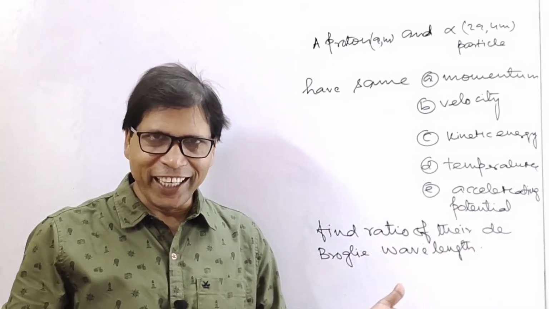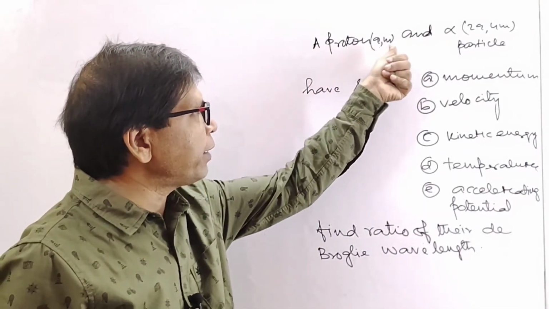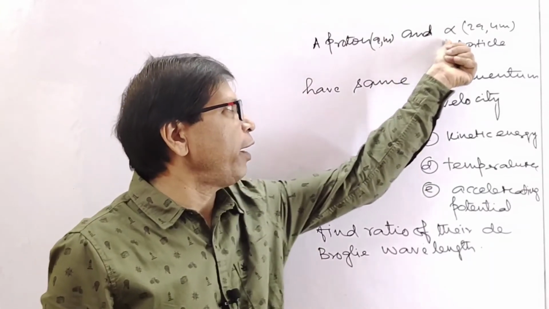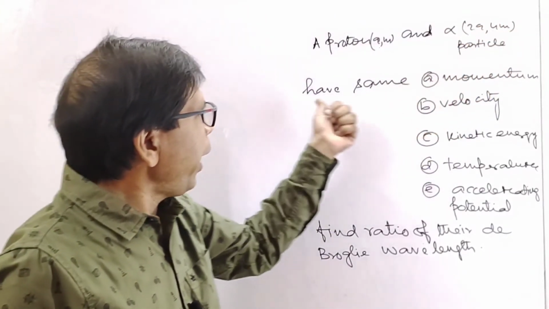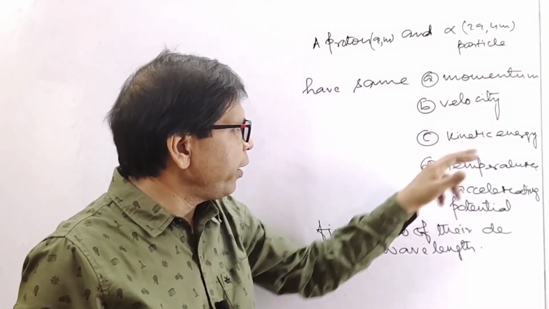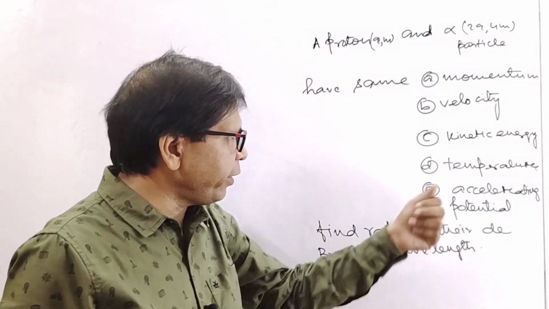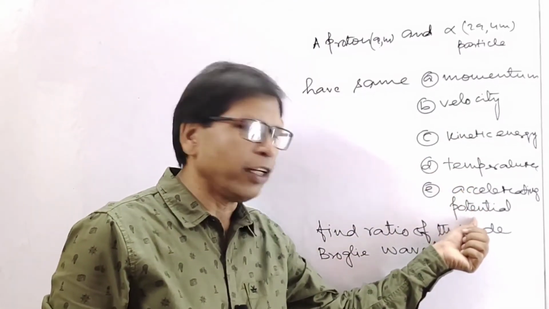Now a numerical. A proton having charge q and mass m, and an alpha particle having charge 2q and mass 4m, have the same momentum, same velocity, same kinetic energy, same temperature, same accelerating potential.